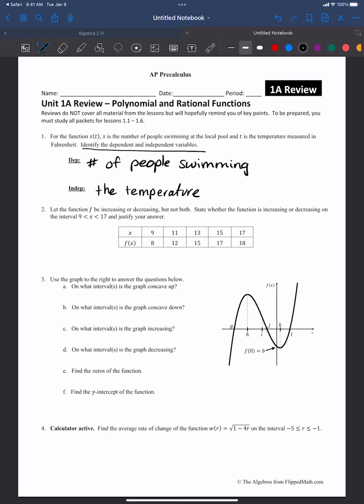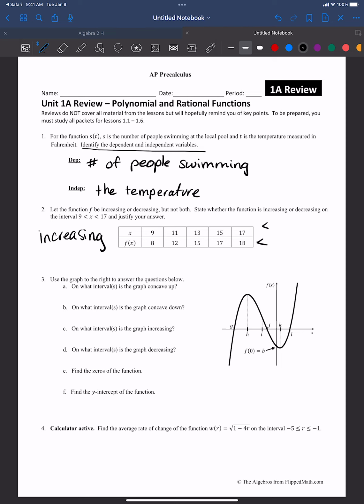So if I am looking, my 9, 11, 13, 15, 17, all of my x values are increasing. And then because they are all increasing and my y values are increasing, so 8, 12, 15, 17, and 18, because they are both increasing, this graph is increasing on this interval.